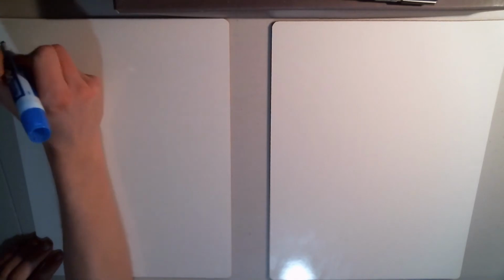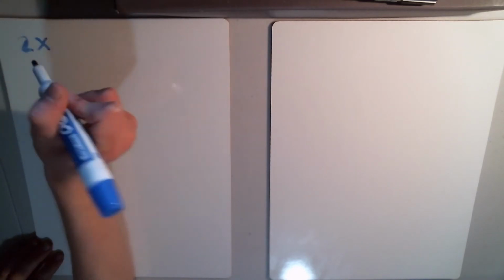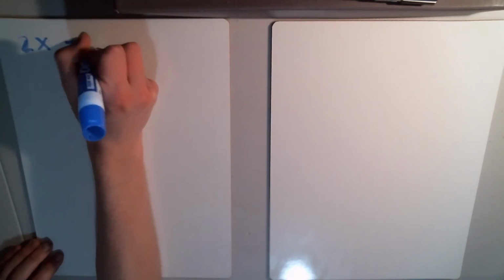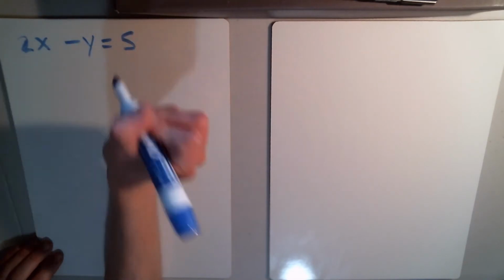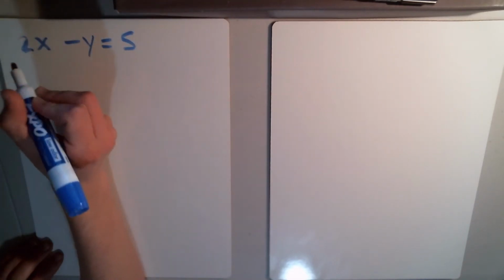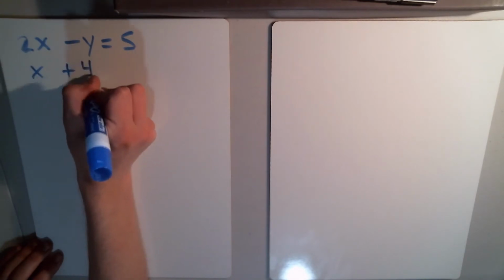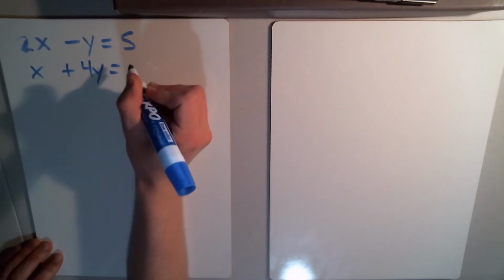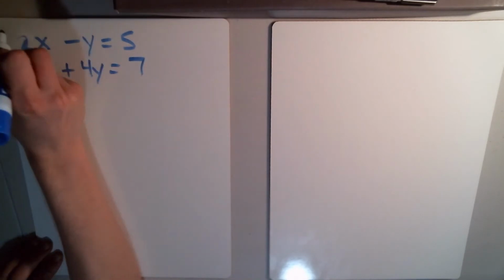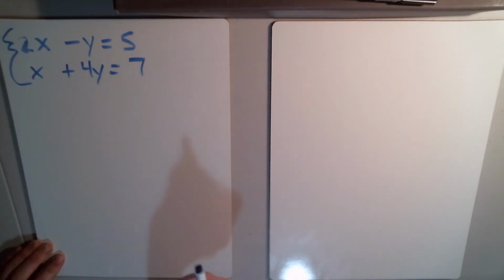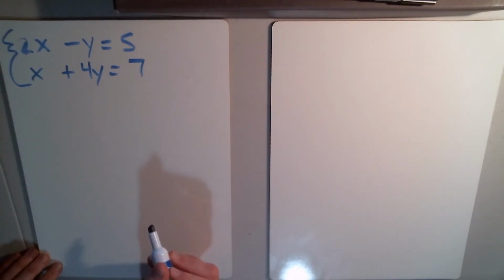Things like if you had an equation like this, 2x minus y equals 5, and another equation, x plus 4y is equal to 7, okay? This is a system of equations, right?